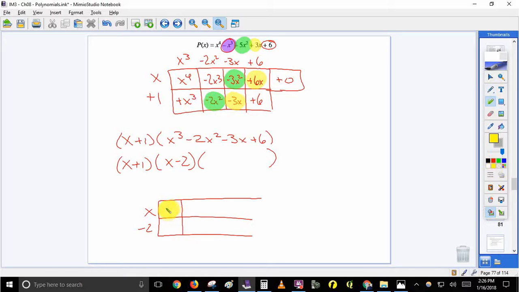So here, this square is now going to be that one. That's the polynomial we're factoring. So this is x cubed. That's x squared minus 2x squared. This plus this equals that.